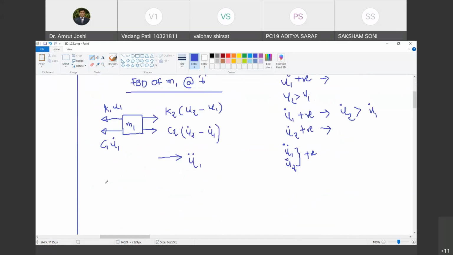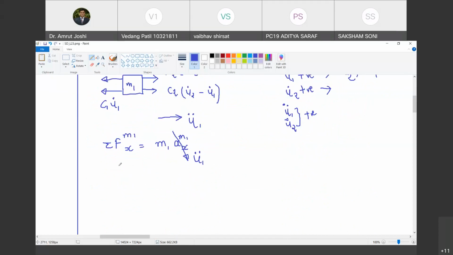Yes, sir. Now can we apply Newton's second law? Algebraic sum of all the forces acting on mass M1 in x direction must be equal to that mass M1 multiplied by acceleration of that mass M1 in x direction. But what is the acceleration of that mass M1 in x direction? It is U1 double dot of T. Happy? Yes, sir. So what can I write?